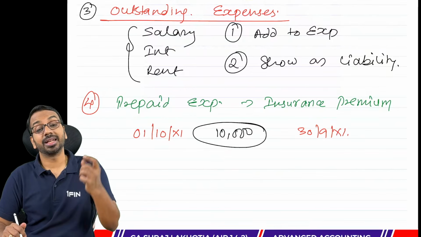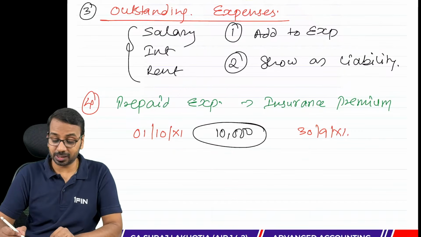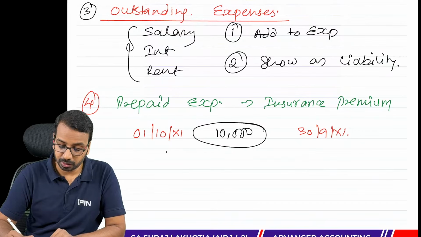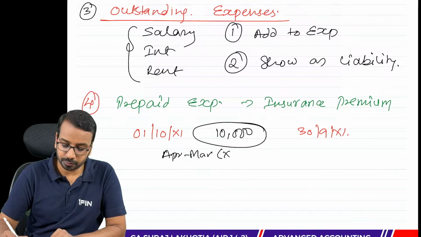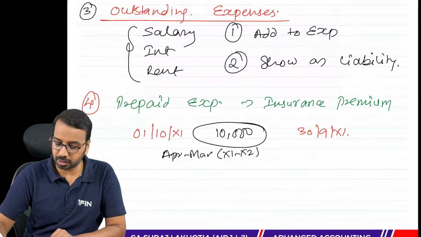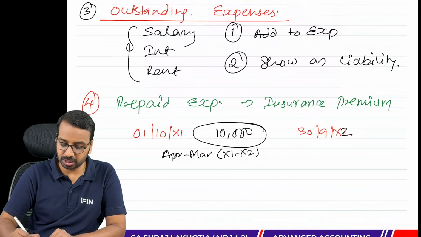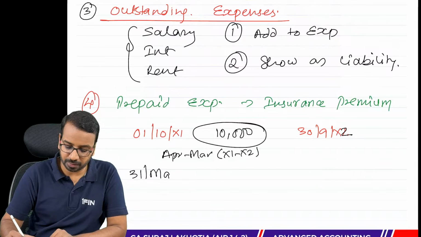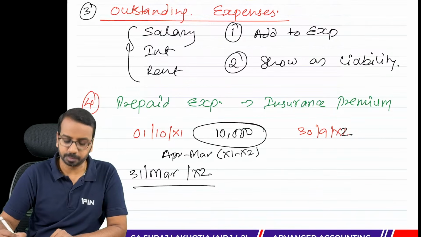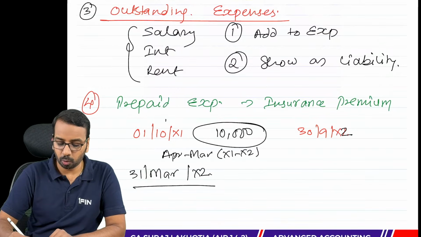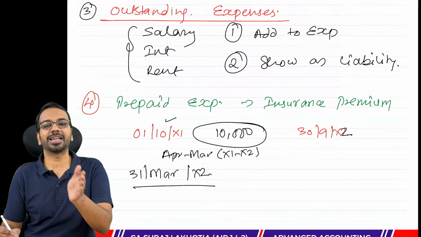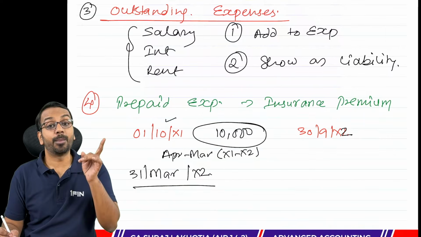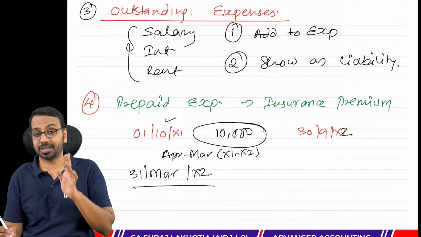Now tell me one thing, is this 10,000 the entire expenditure of April to March, year 2? Is it the full expense of P&L that we prepare for 31st of March of year 2? That is not the case, because only from October till March it is the expenditure of the current year. Balance expenditure is of the next year.